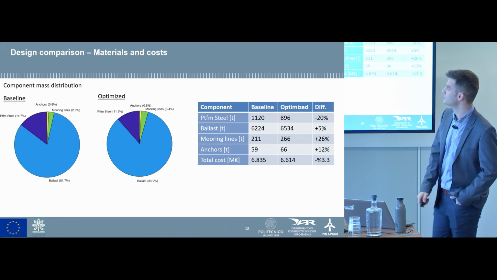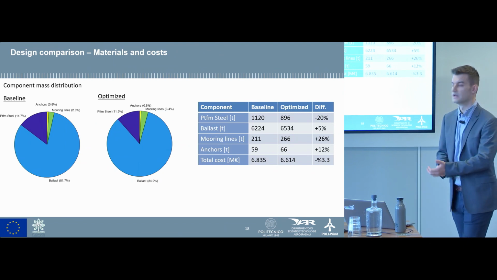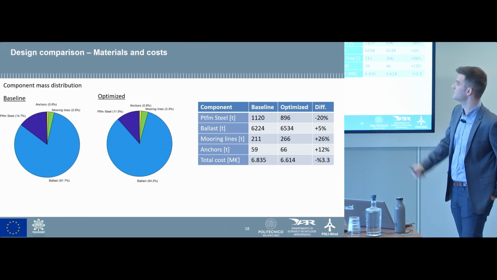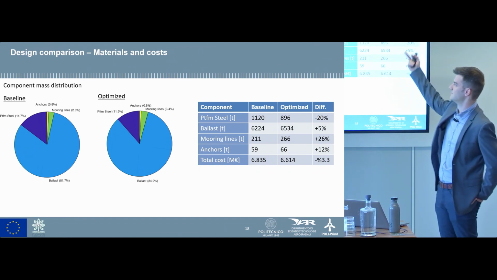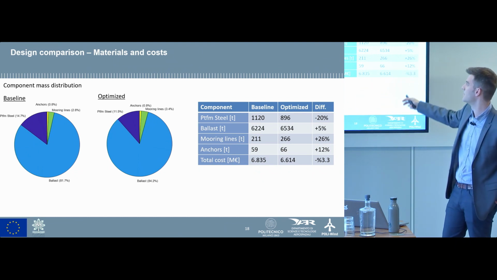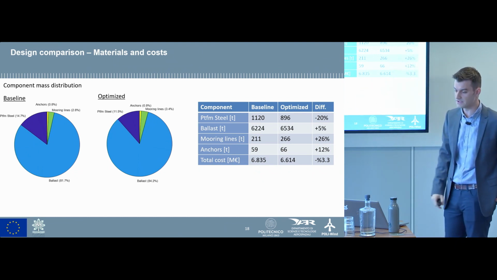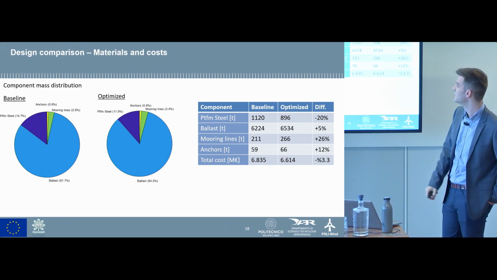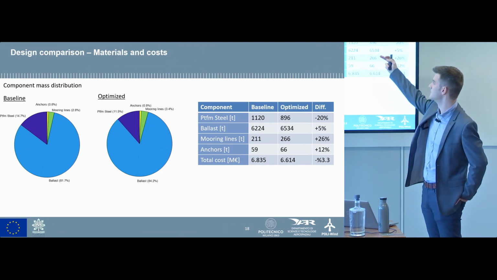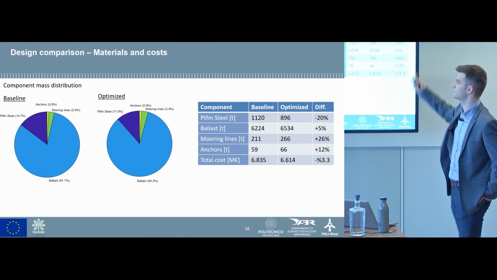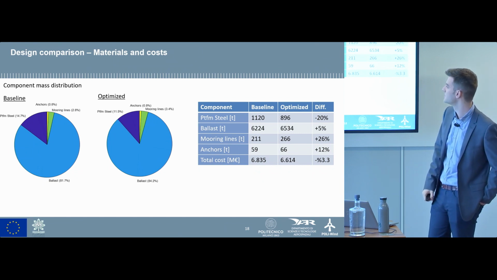We can move on to the design comparison in the aspect of materials and costs. Here on this table, we can clearly see that the cost reduction is coming by decreasing the platform steel massively. So a 20% decrease was possible. So we needed to compensate with higher ballast, of course, just 5% more concrete mass.